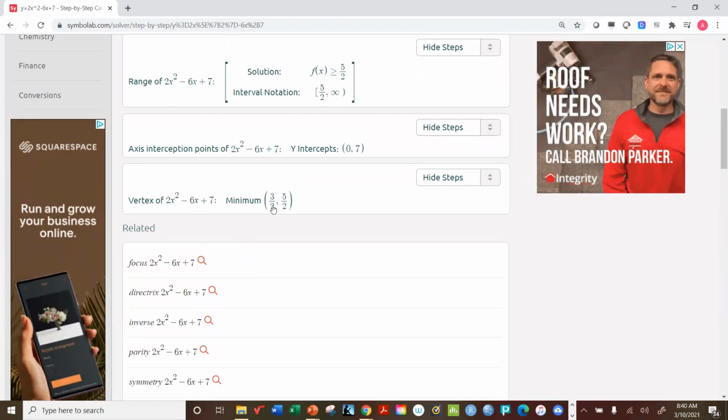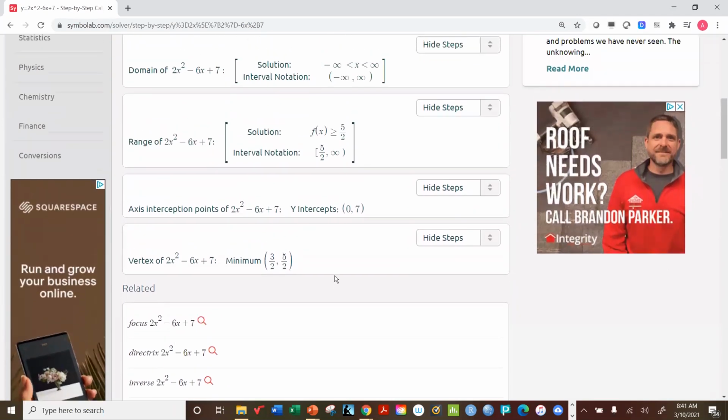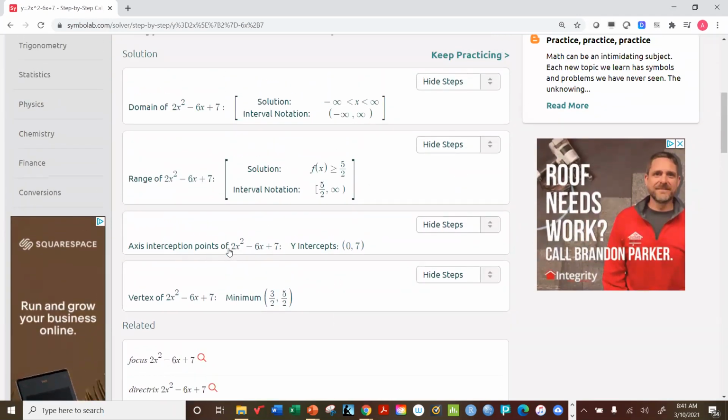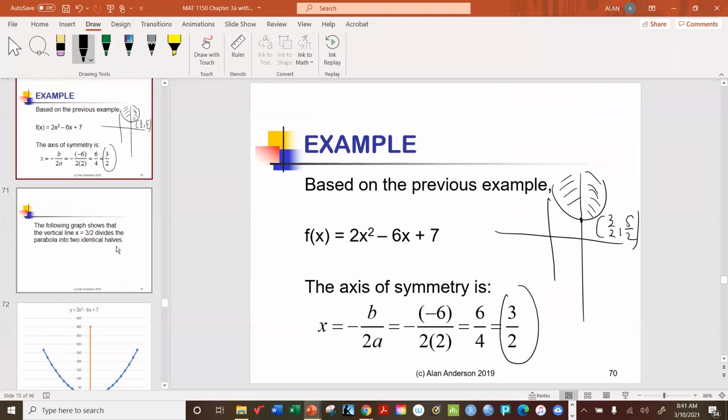The vertex, they're giving you the entire point. They're basically saying the vertex coincides with this minimum point. So therefore, that means 3/2 must be your axis of symmetry. And here, you notice how they're also giving us the y-intercepts. They're telling us where this function crosses the vertical axis, which we do want to know.